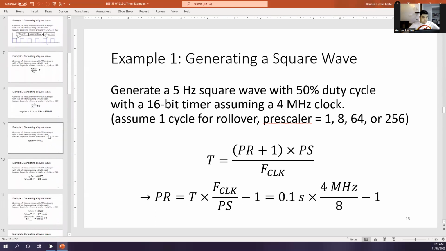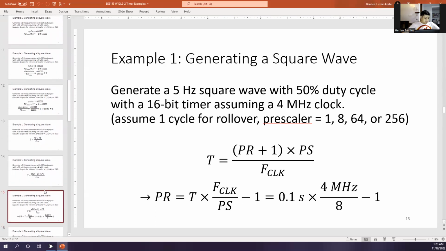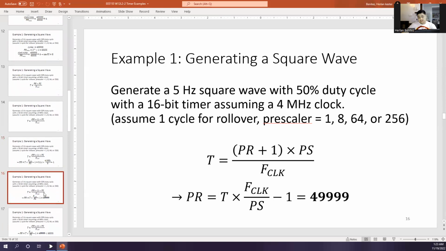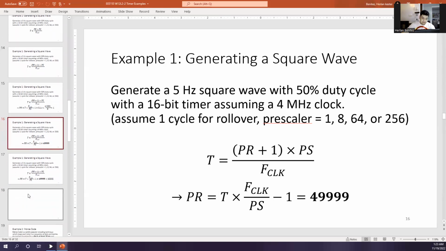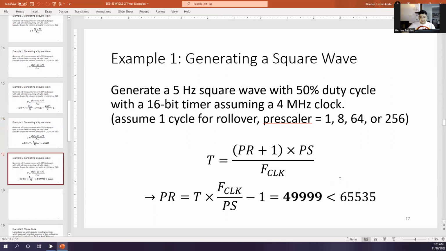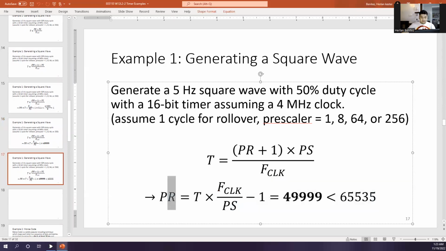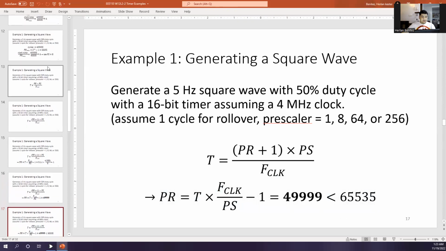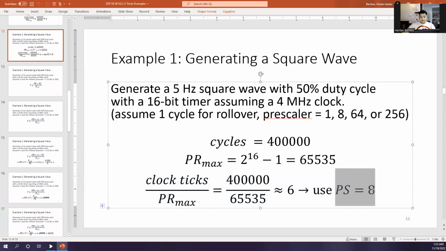That results to 49,999, which is less than 65,000. So, alam na natin yung PR value natin, which is 49,999, and yung prescaler na value natin na 8. So usually yung dalawang values lang naman na ito yung kailangan natin whenever we want to configure our timer.